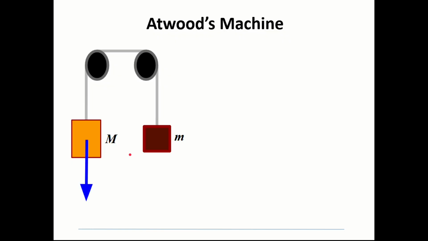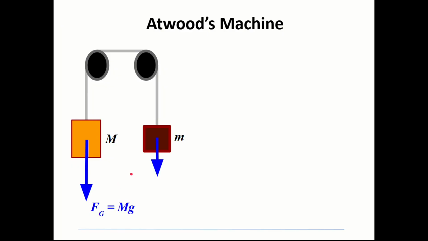What I'm going to be doing is drawing the forces on each of these masses. The first one is the force due to gravity, which is capital Fg, equal to capital Mg. So that's the weight of this mass.